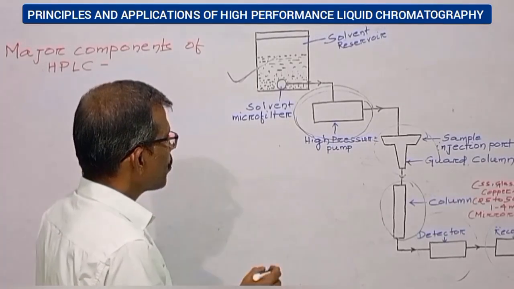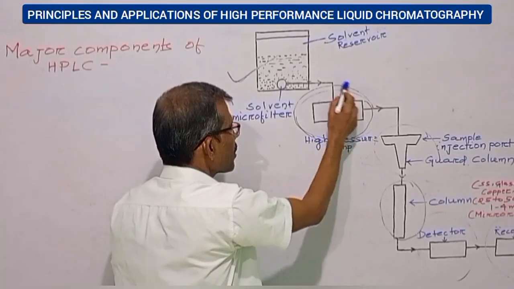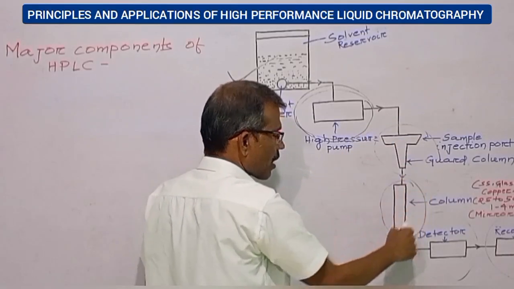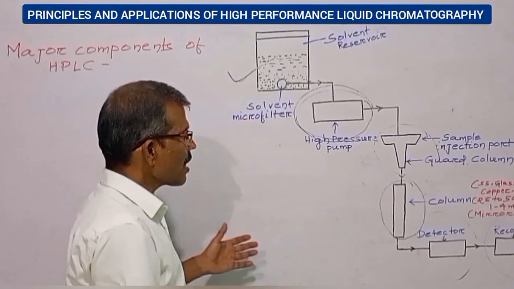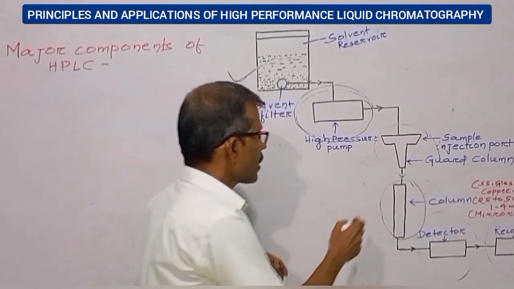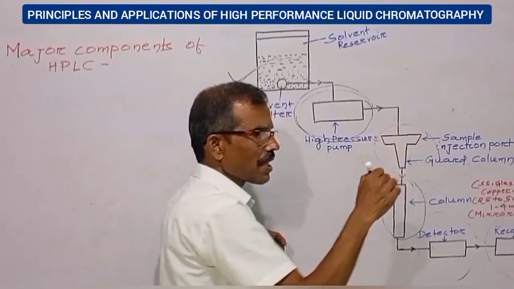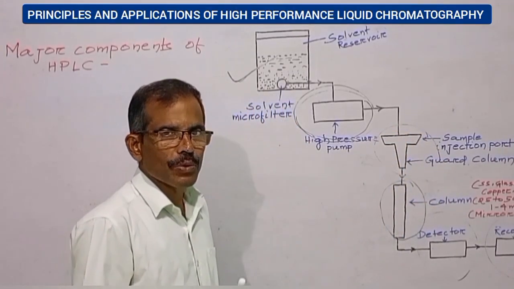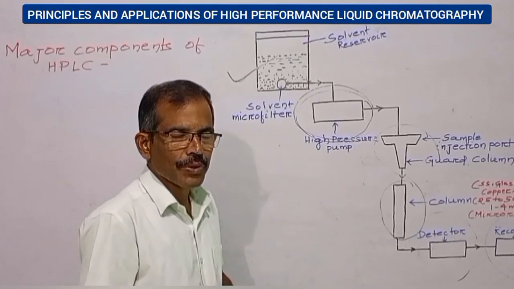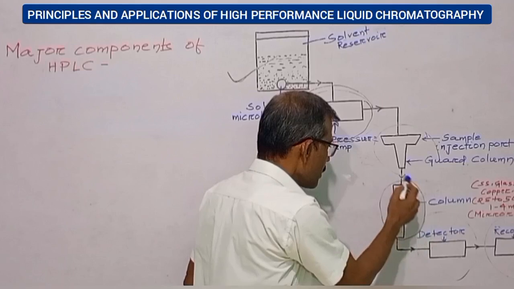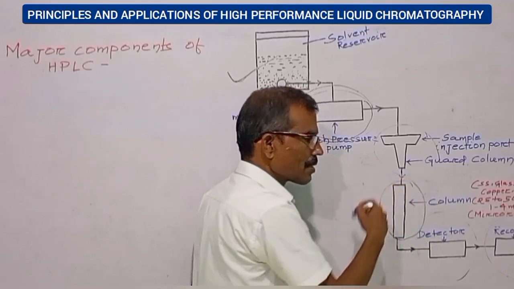The second component is a high pressure pump, which forces the mobile phase through the column. The third component is the sample injection port, which is used to inject the sample into the mobile phase. The next component is the column, where separation takes place.